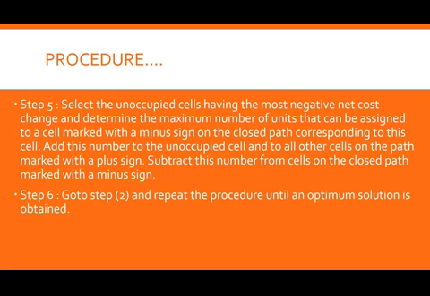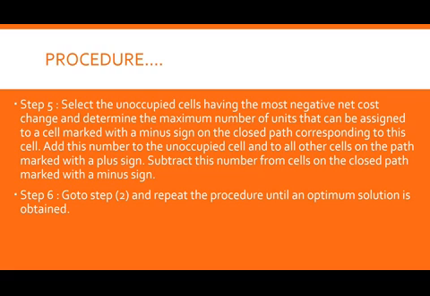Step number 5 tells us to select the unoccupied cell having the most negative net cost change, like you did for the most negative Eij. Here you pick the most negative net cost change and determine the maximum number of units that can be assigned to a cell marked with a minus sign on the closed path corresponding to this cell.